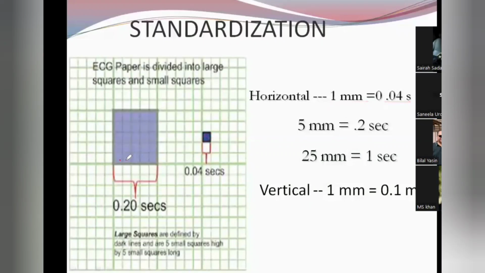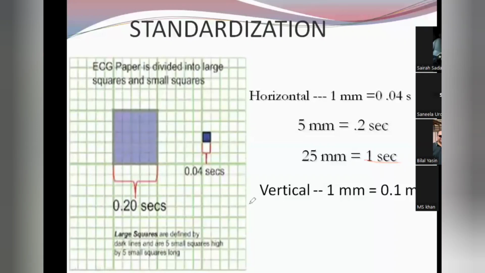If you count these 5 small squares, or one large square, it is equal to 0.2 seconds. And the 5 large squares, although these are 4 here, but anyway, the 5 large squares will be equal to 1 second.